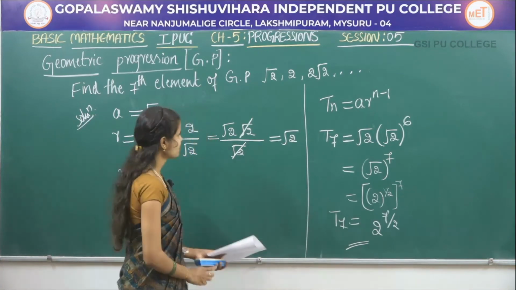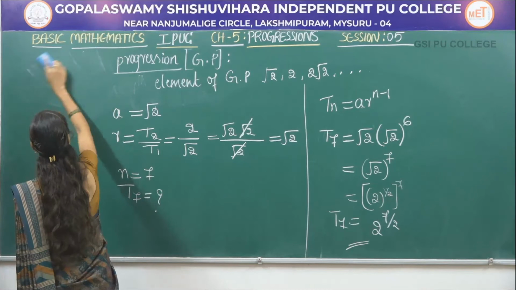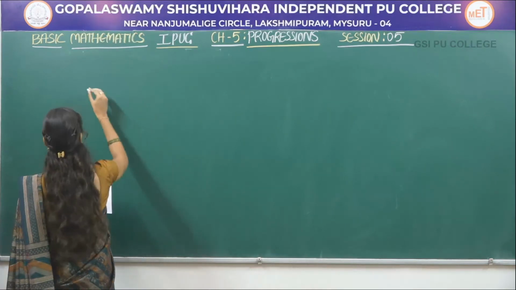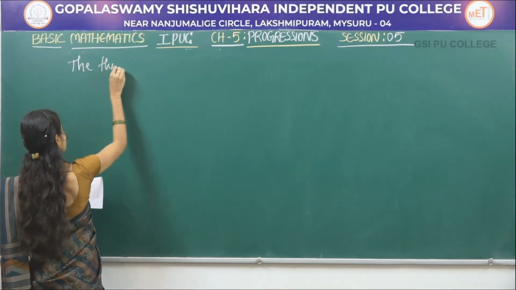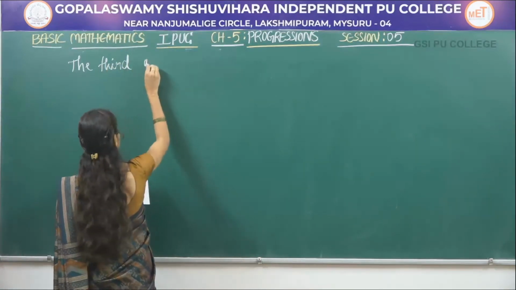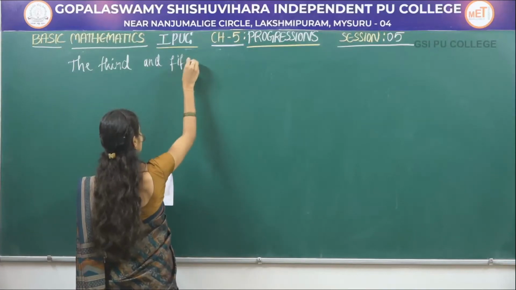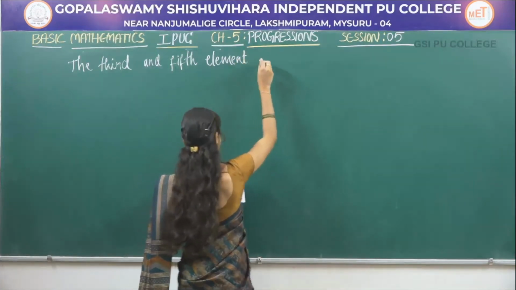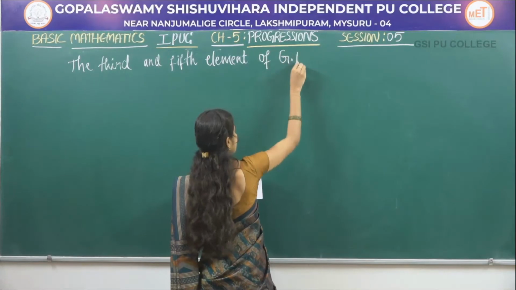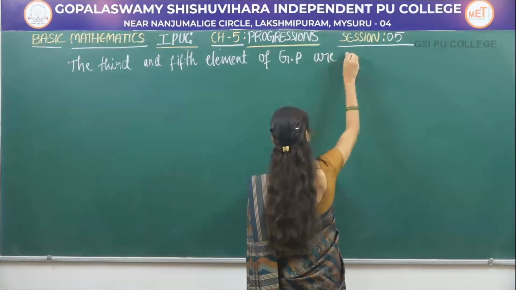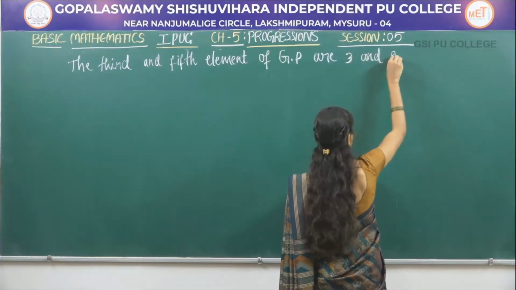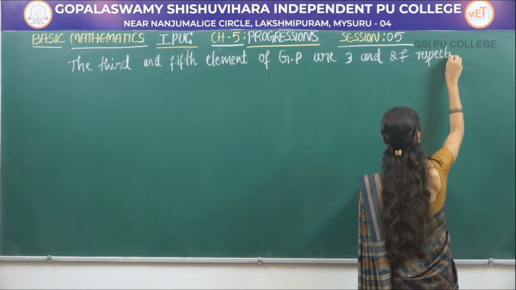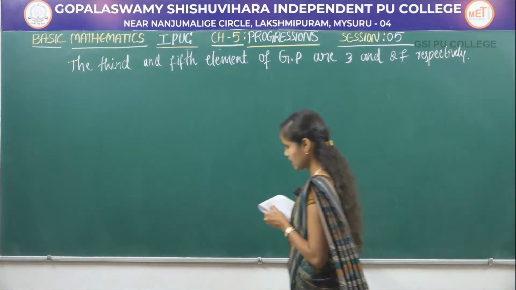Okay, next problem. The third and fifth elements of a GP are 3 and 27 respectively.